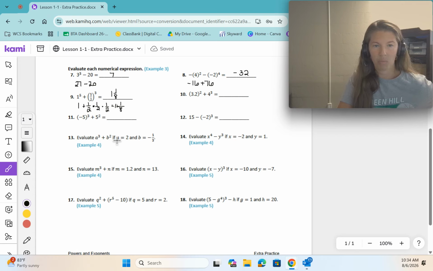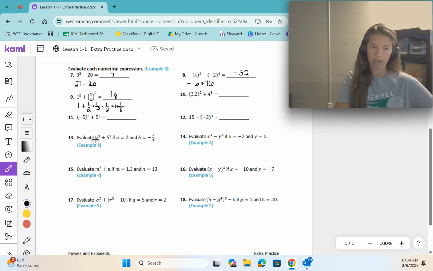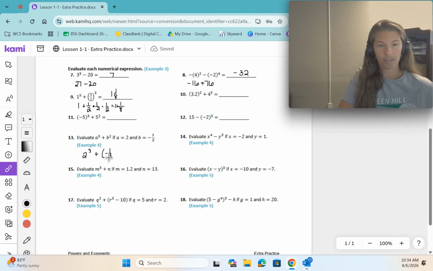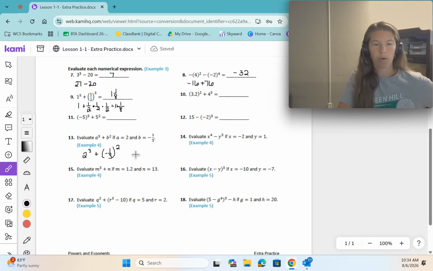And then we'll do this type of problem, which gives you a value for the variable and wants you to substitute it in and then evaluate for a numerical answer. So we have a cubed plus b squared, where a is 2, so we have 2 cubed plus b, which is negative 1/3, again using those parentheses, squared. 2 to the third power we've talked about already is 8, plus negative 1/3 times negative 1/3.